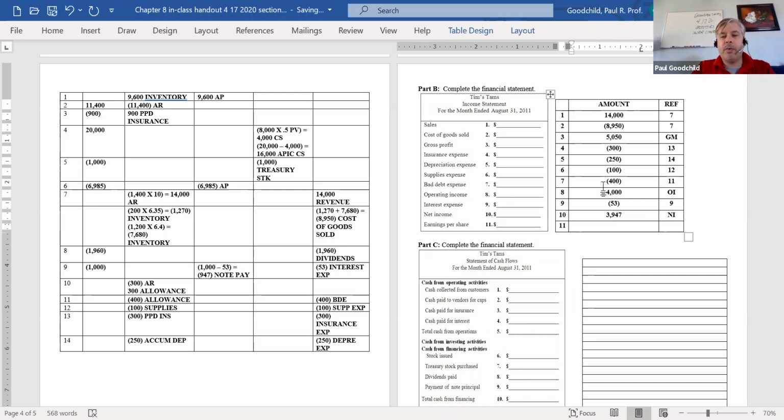Any questions to this point? Okay, so now we're going to do number 11 and earnings per share. So our formula would be net income divided by our weighted average shares, just common stock. And so that equals 3,947, and we're going to divide it by our 19,600 shares outstanding.